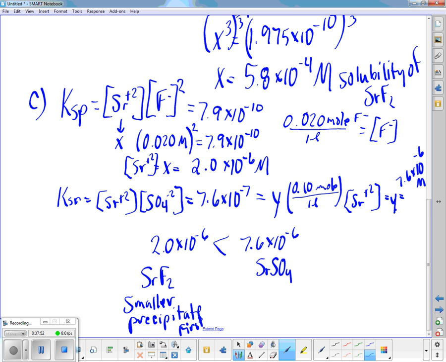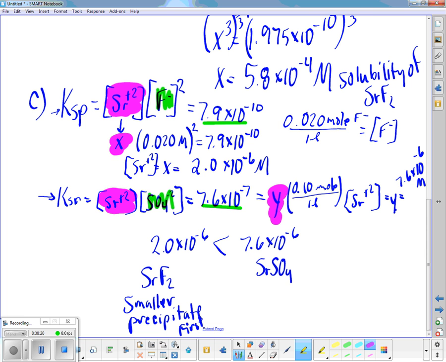So all I did with the second K is we were doing K for both of these. We had been given this concentration and this concentration. We knew the Ks were equal to something. We were solving for strontium. So we're trying to find out strontium in both of these. That's what became our X here and what became our Y here.